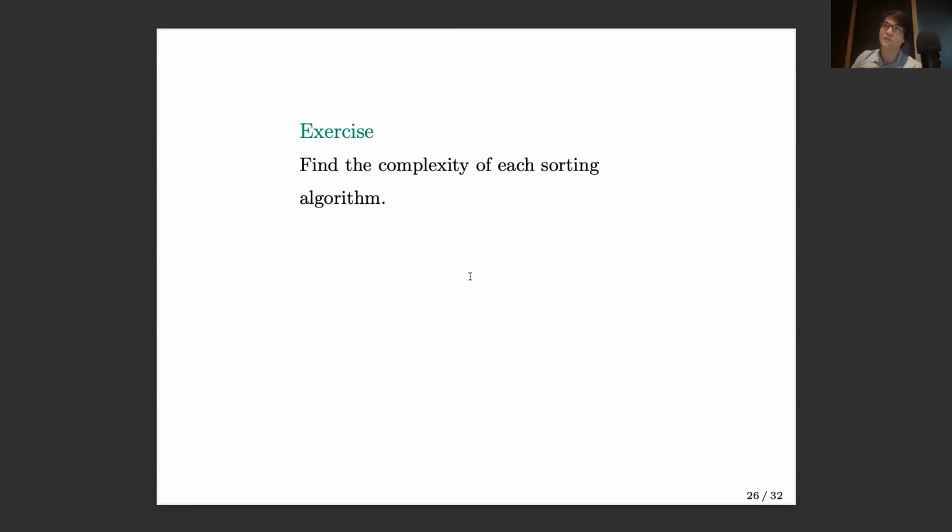Find the complexity of each of the sorting algorithms. So let's think about this. Insertion sort. How many times are we going to insert? N times. How much does an insertion cost? How many operations do we need to insert something into a sorted list? Surely not one. What if it's the fourth thing?